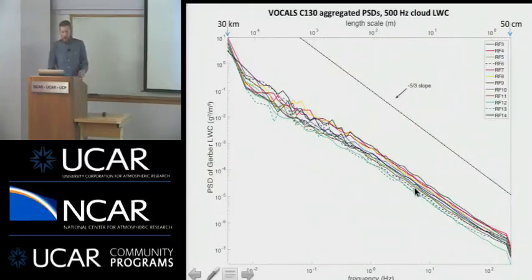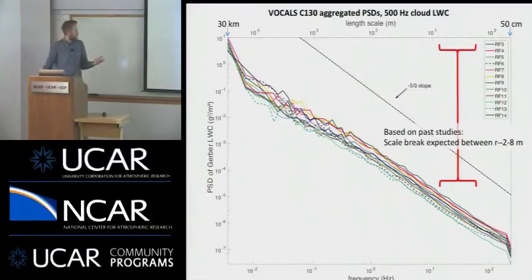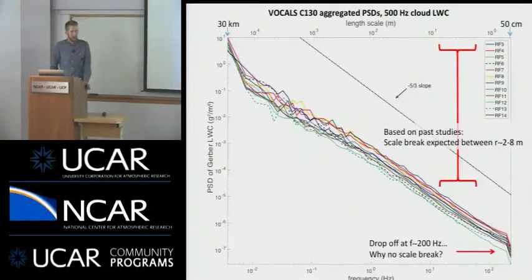And maybe there are a couple flights that look like they might have a little bit of a scale break, and that's what I've done for the dashed curves. But these are still not nearly as pronounced as these past studies. So in this range that we would expect to see a scale break, there's nothing. And instead, we get this sharp drop off at about 200 hertz.